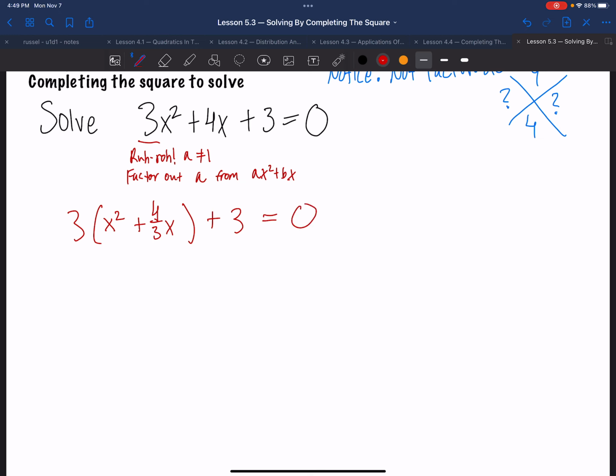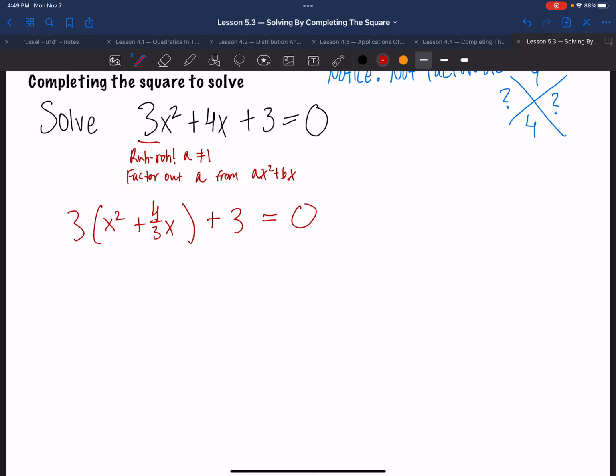Now, this term is going to factor as x plus 2/3 squared. And then this is plus 3 minus 3 times 4 is 12 over 9. But really, you could just think of this as 4/3. So this is 4/3, which equals 0. And it'd probably be a good time to change that 3 to 9/3, right?